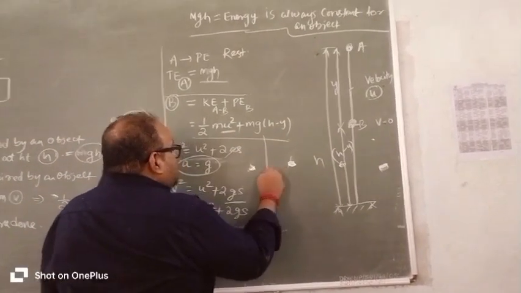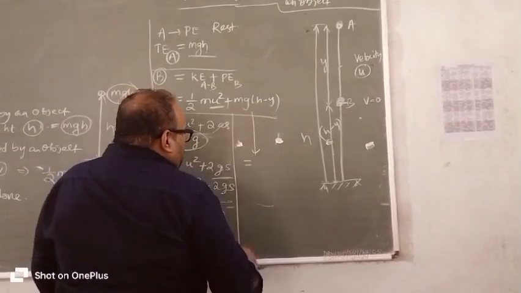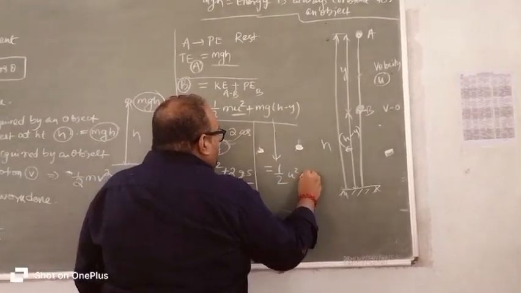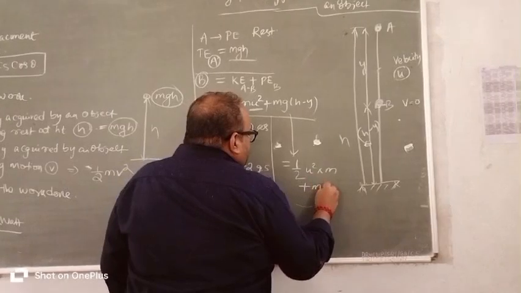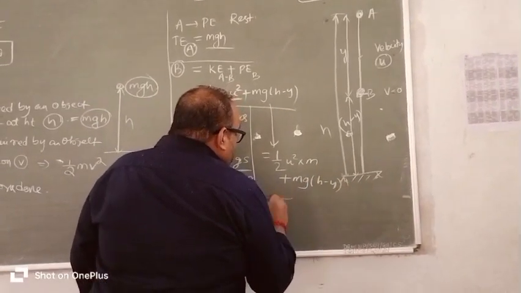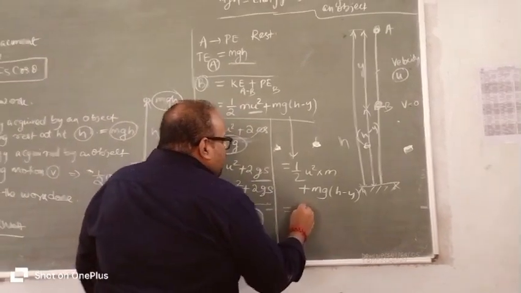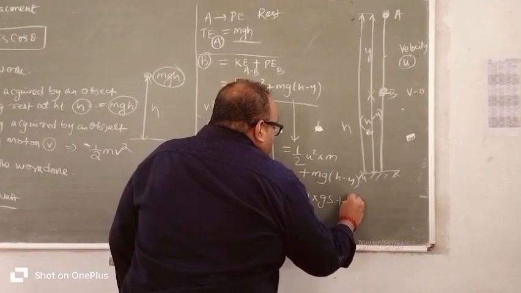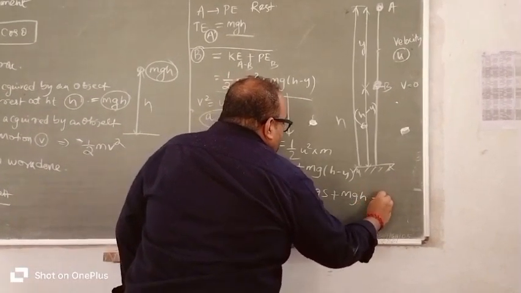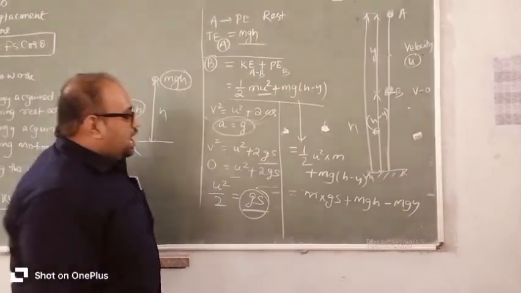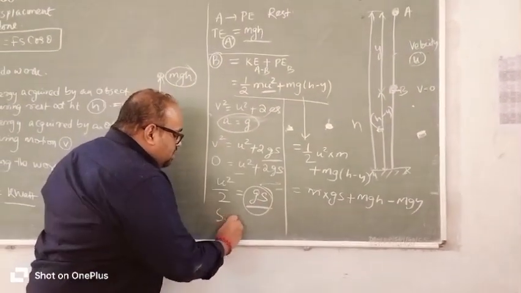Now putting gs equals half u square, this equation gets converted: half u square multiplied by m, plus mg multiplied by (h minus y), equals m multiplied by gs plus mgh minus mgy.